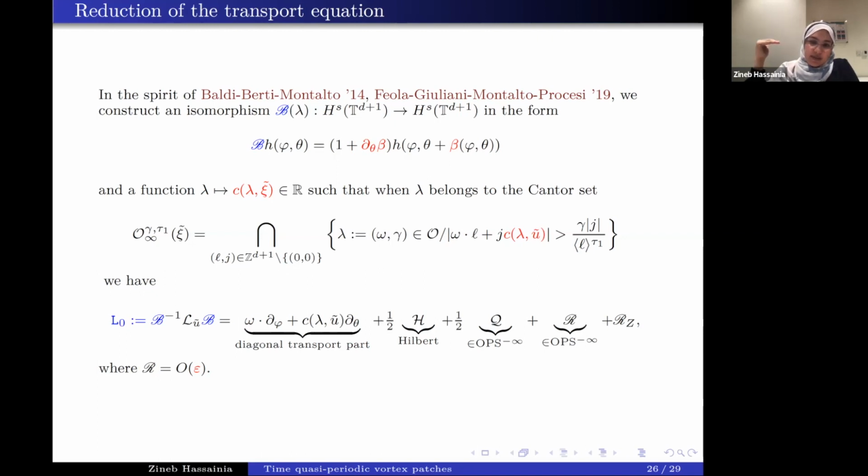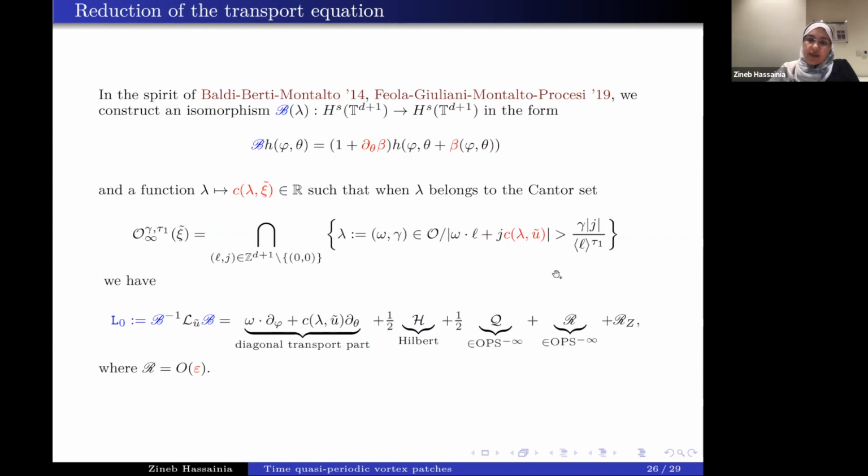This has been recently discussed in several papers, where the main idea is to find a symplectic quasi-periodic change of coordinates, such that when the parameters are in some Cantor set, the conjugated operator has a constant coefficient transport part, and we can prove that the lower order part is not destroyed.